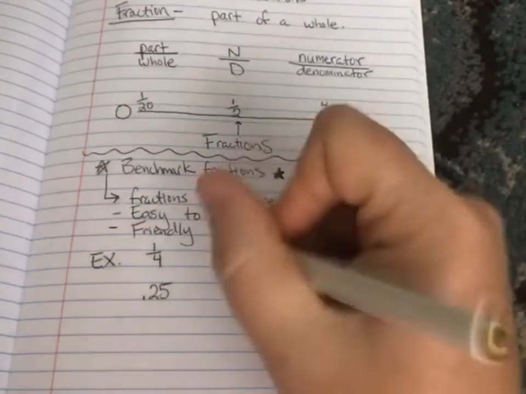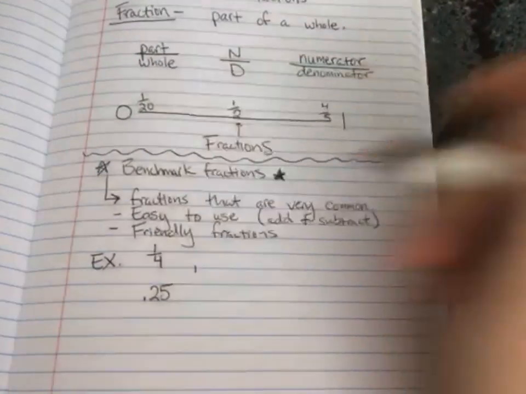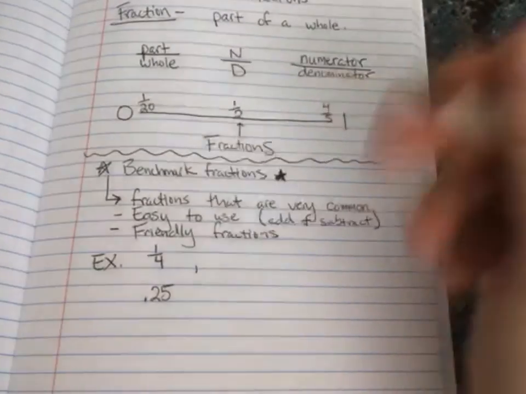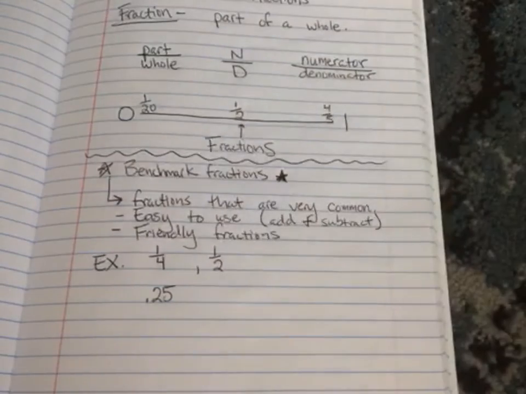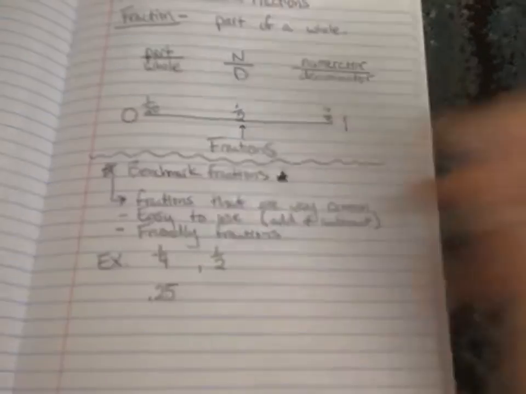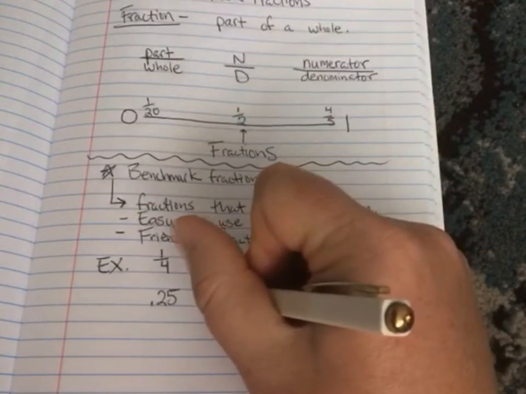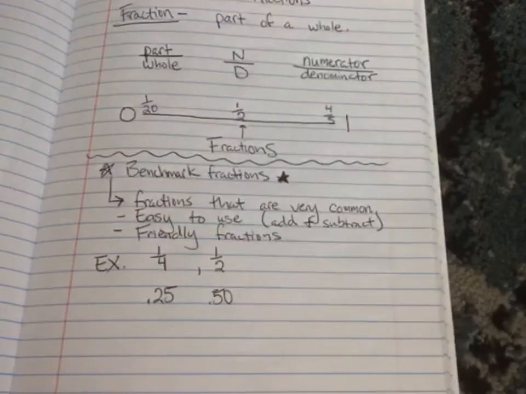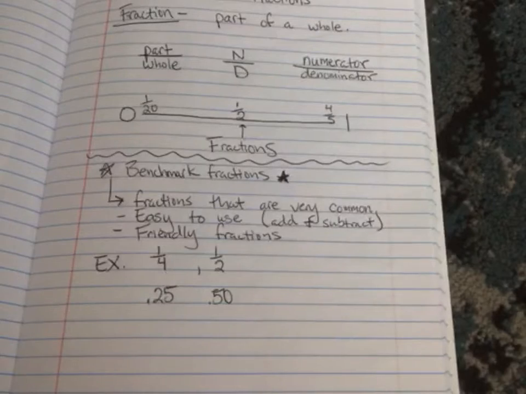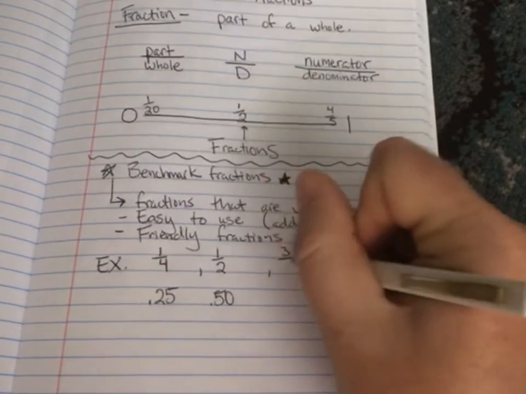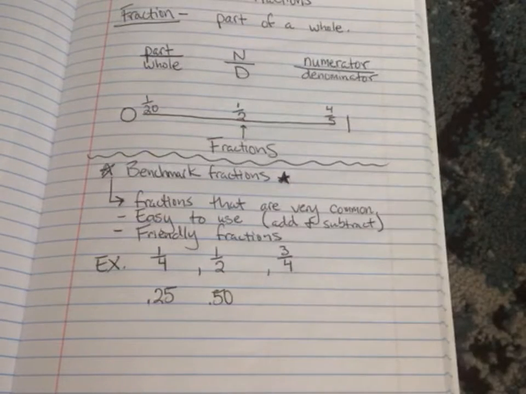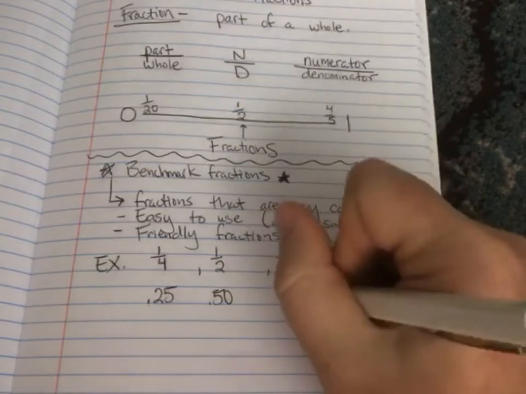So there's one. The next one would be 2/4, which we should know as a half, or in the real world, 50 cents. A half dollar is 50 cents, so you could write that either way. The next fourth would be 3/4, or you could think of it as 75 cents.